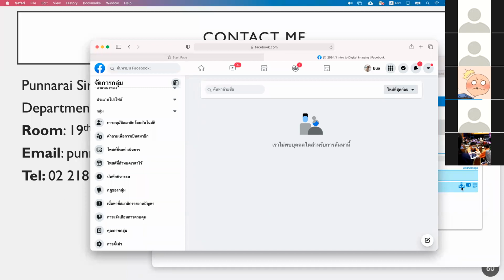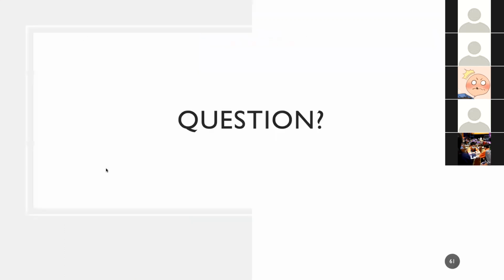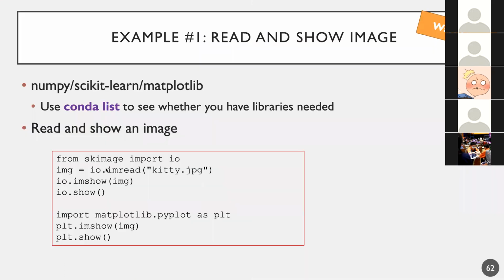Okay, so we will come to the last part of this first lecture. Today we are going to get started a little bit with Python, and we will use some libraries as well. We'll use a library to read an image, and I forgot to put an image for you. So I just want you to study an example in the slide after, and I want you to read an image. I will upload an image later on. I will ask you to read an image and show an image.